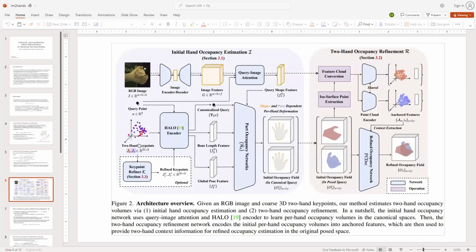So far we have come here. Let's say Halo takes 3D key points as an input and performs canonicalized query and gives the occupancy output in canonical space. And so next we are going to cover the refinement network.